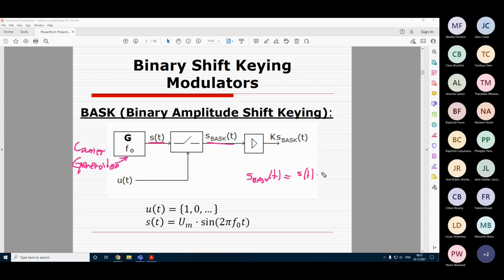multiplied with the information signal U of t, which also recalls Fourier transform properties, one of which was the modulation theorem.